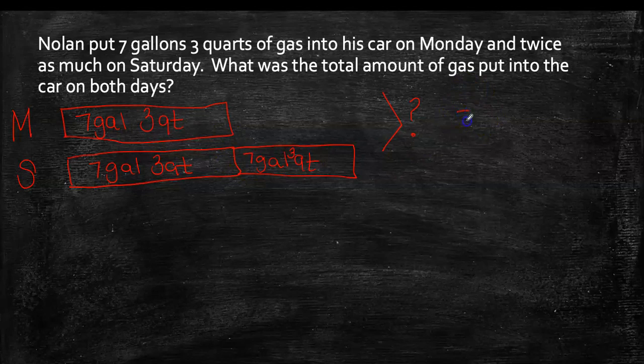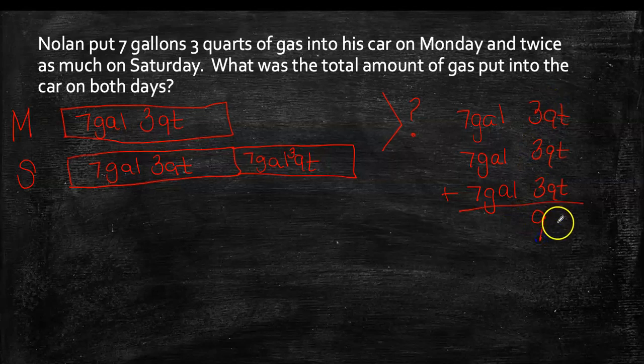I'm just going to do 7 gallons, 3 quarts, 7 gallons, 3 quarts, 7 gallons, 3 quarts. I'm going to add those together. 3, 6, 9.